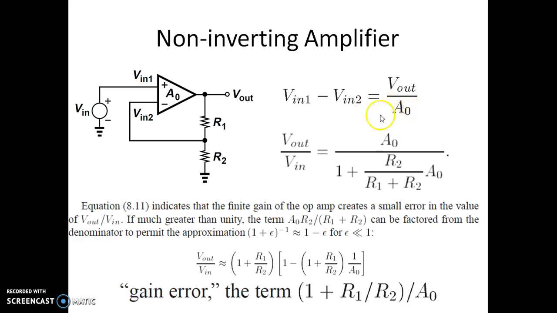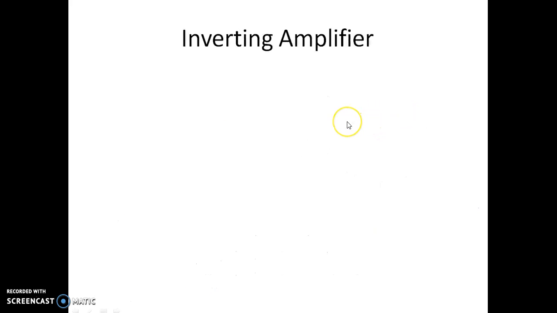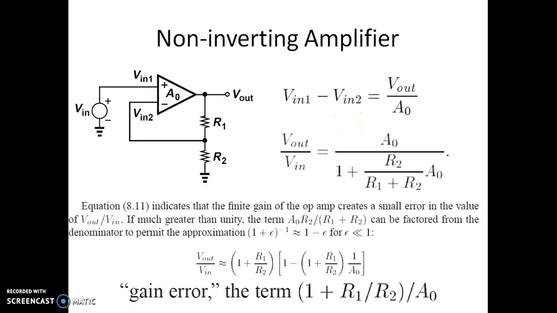Upon rewriting this expression we can get the final expression V out by V in as equal to 1 plus R1 by R2 into 1 minus 1 plus R1 by R2 into 1 over A naught. The second term of this equation, 1 plus R1 by R2 into 1 over A naught, is nothing but the gain error term, which is deciding the gain of the amplifier.